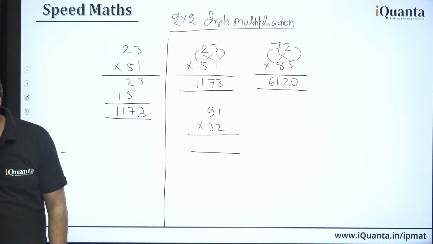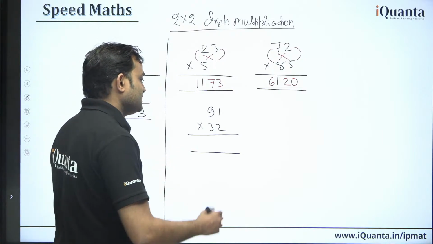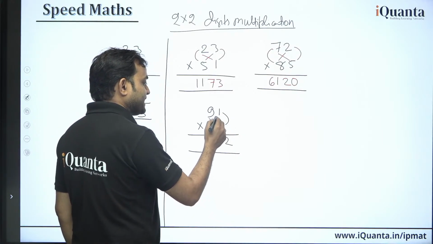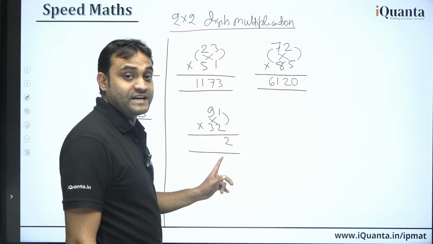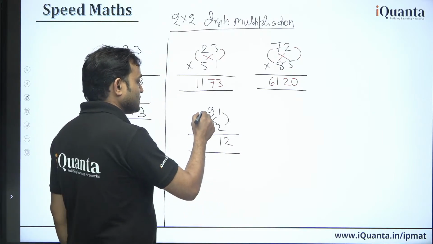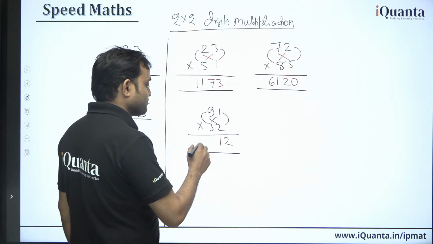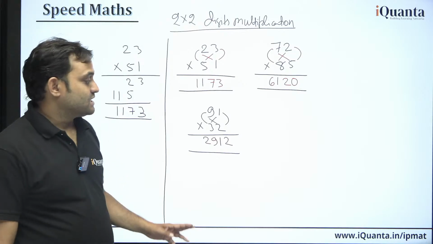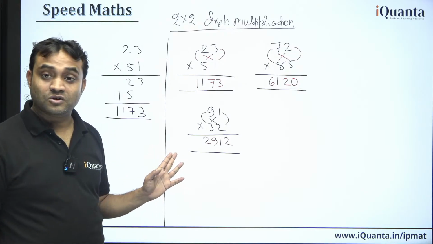2812, okay, let's check it. 1 into 2 is 2, 9 into 2, 18, 1 into 3 is 3, 18 plus 3 is 21, carried forward 2, 9 into 3 is 27, plus 2 is 29, 2912. Is it 2912 or 2812?